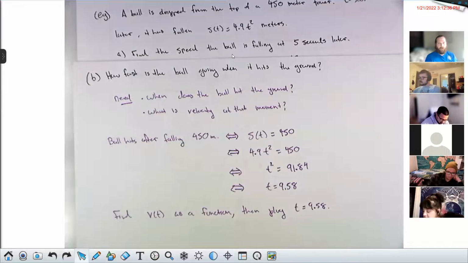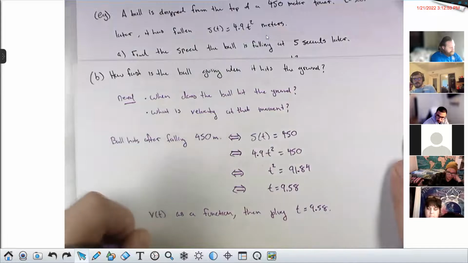And there are nice ways to find the derivative v of t using some very simple tricks. But for now, we need to be practicing working with our limits. And of course, nobody else, unless you've taken calculus before, is familiar with those tricks.